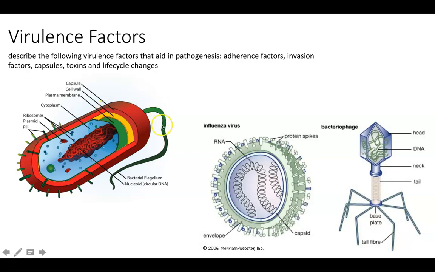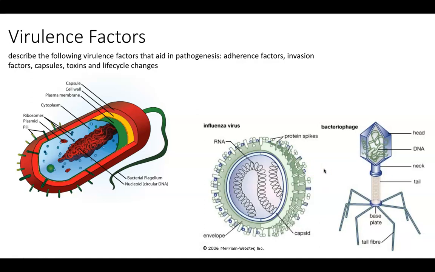Also its flagella, that's this whip-like thing, which obviously doesn't apply to a virus. However, a virus's virulence factors can depend on the proteins that it works with, and also what it is attacking, what kind of cell. Like, is it a bacterial cell that it's going to attack or not?